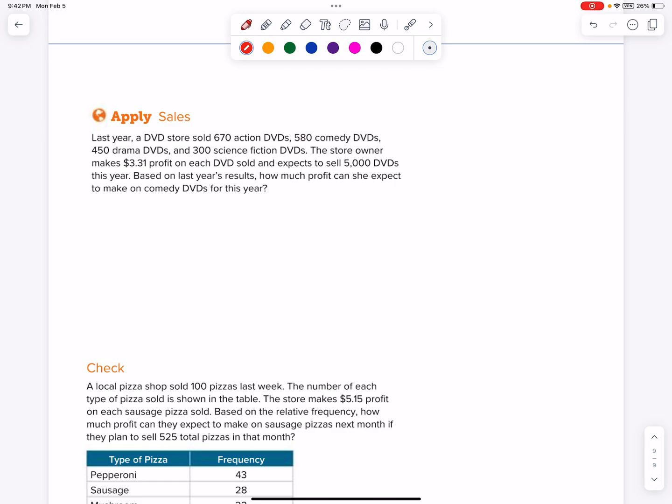Okay, based on last year's results, how much profit can she expect to make just on comedy DVDs for this year? So let's look at the comedy DVDs. And so it says 560 comedy. So when they collected that data, let's get a relative frequency for this experimental data.